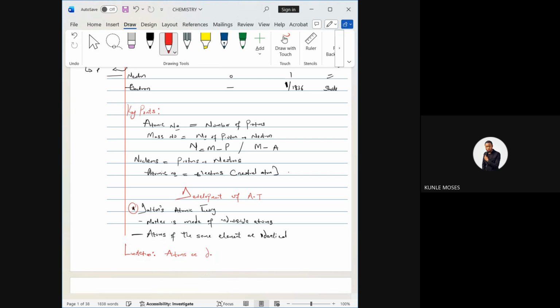Are you guys sleeping? The limitation is that he said that matter is made up of indivisible atoms. Do you still remember?